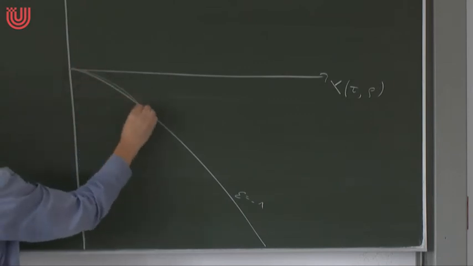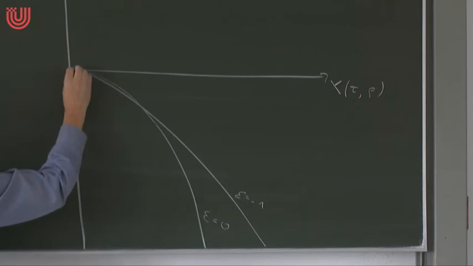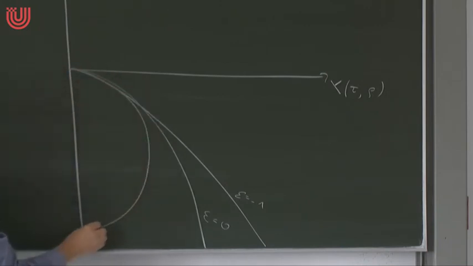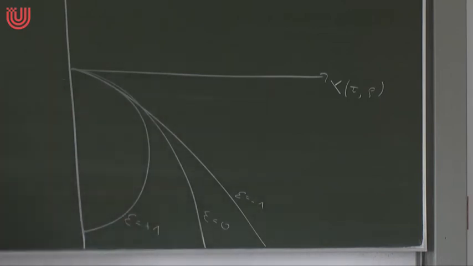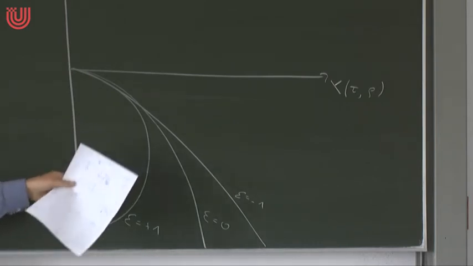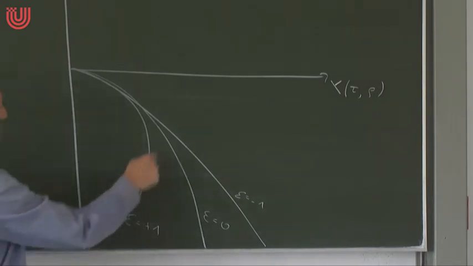It would be something like that for epsilon equals 0, and it would be something like that for epsilon equal plus 1. So epsilon equal plus 1 is a funny star, right? It's a star which explodes. It starts with a singularity, and then it explodes, reaches a maximum radius, and then collapses back. I would say that's not a very realistic model for a star, but actually we don't need to consider the whole branch of this.